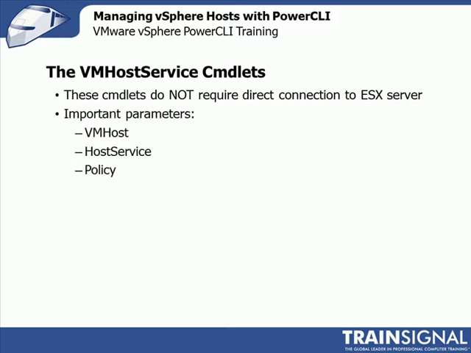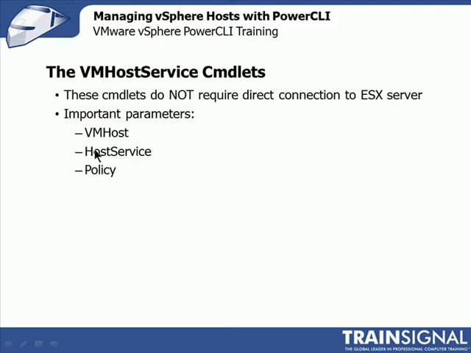Important parameters would be VMHost, HostService, and Policy. So the VMHost is simply going to be either the name or the PowerShell object representing one or more of your ESX hosts. So since you don't require that direct connection to ESX server, it means you can very easily manipulate the host services on multiple ESX servers with one command.